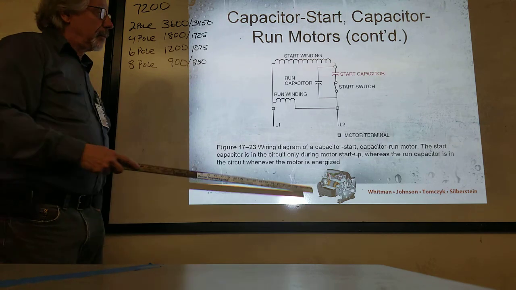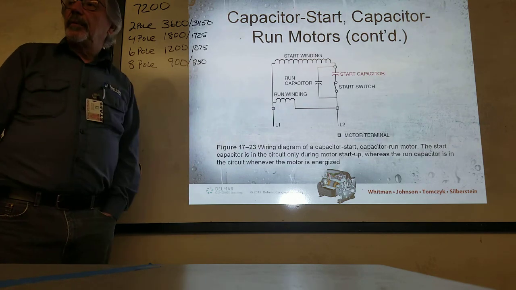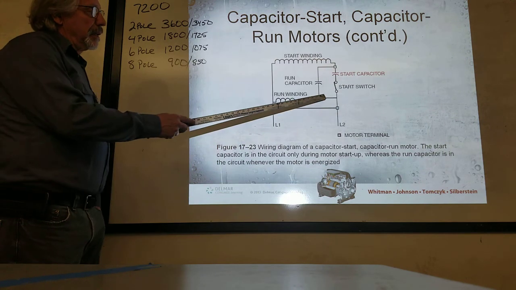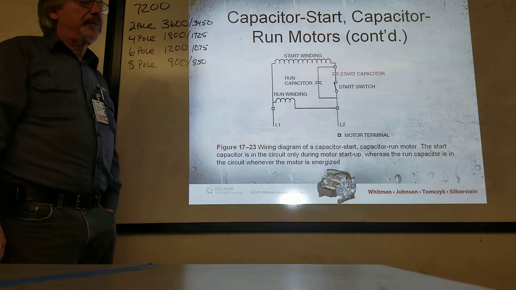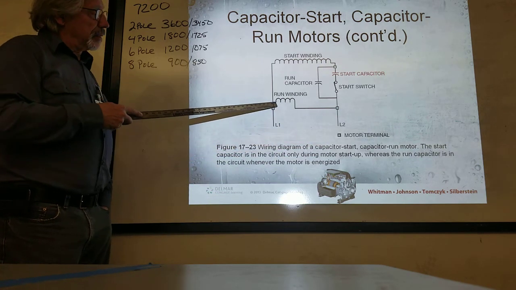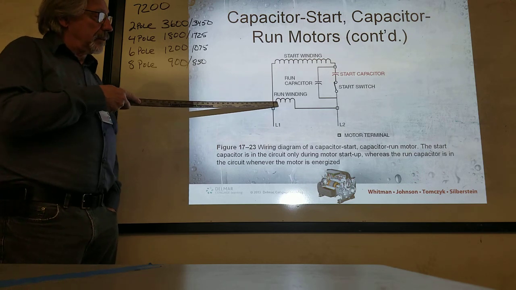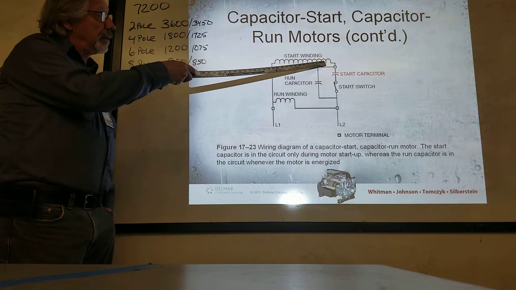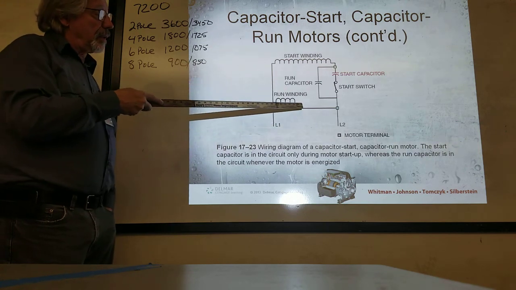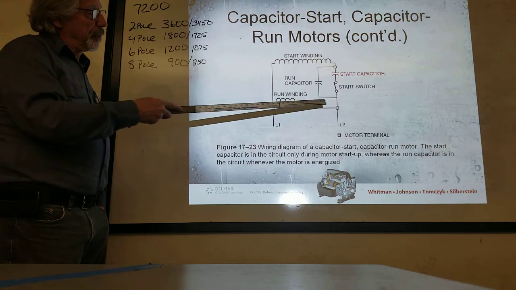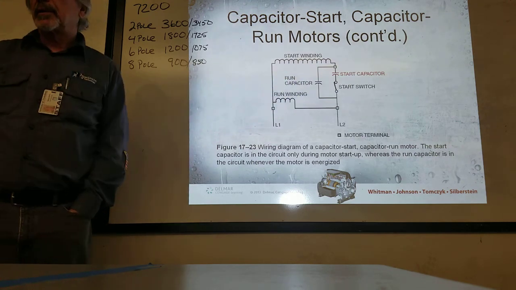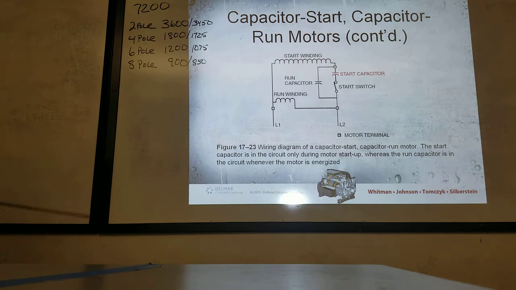So it doesn't blow up? No, it's designed to be in the circuit. That's what it's designed to do. Most of your current goes through the run winding. So all the current's going through here, most of it, and then there's a little bit of current that bleeds through there, but not much. Okay?